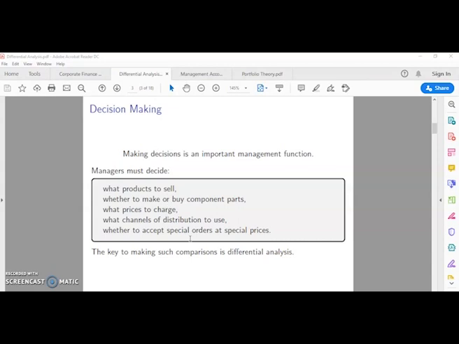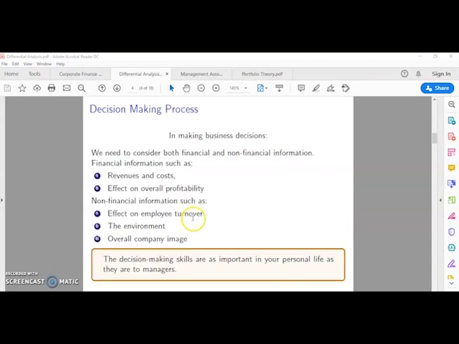This is again another decision that the manager should make, and we will discuss in details during this lecture. But what is linking this decision making with the chapter is in fact the key to making such comparisons is differential analysis, that we will do during the chapter and in this lecture.